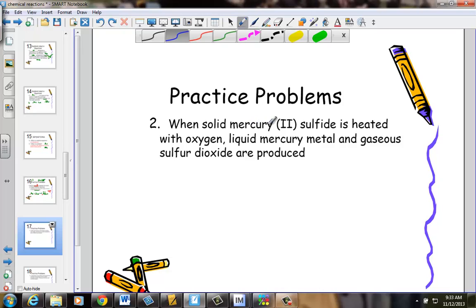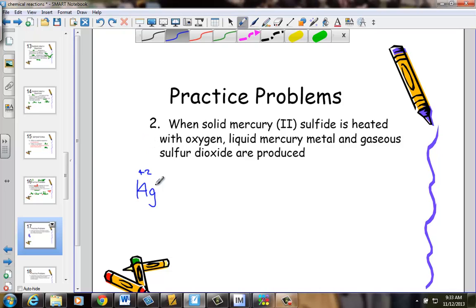Solid mercury 2 sulfide is heated with oxygen, liquid mercury metal, and gaseous sulfur dioxide are produced. All right, solid mercury 2 sulfide, so that's the initial reactant, isn't it? We have mercury with its symbol Hg. The Roman numeral of a 2 tells me it's carrying a +2.